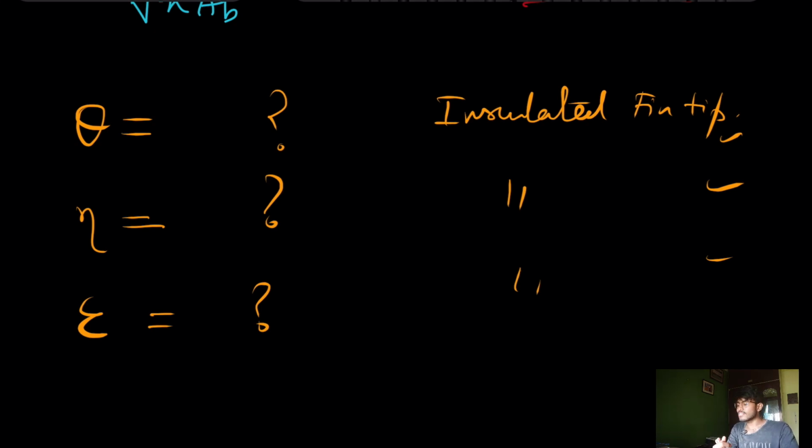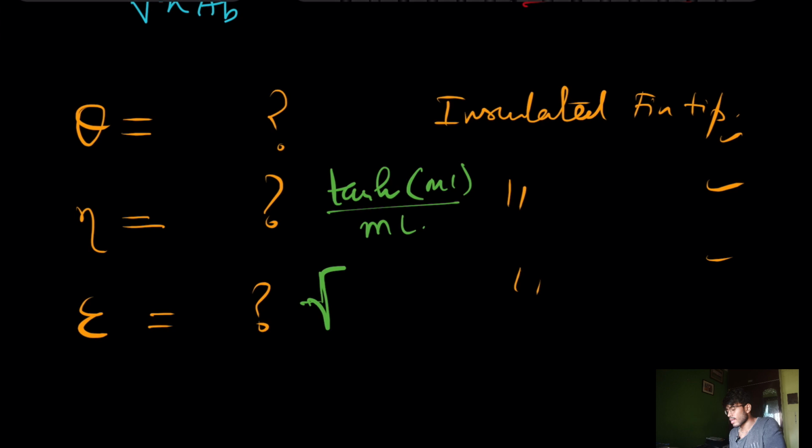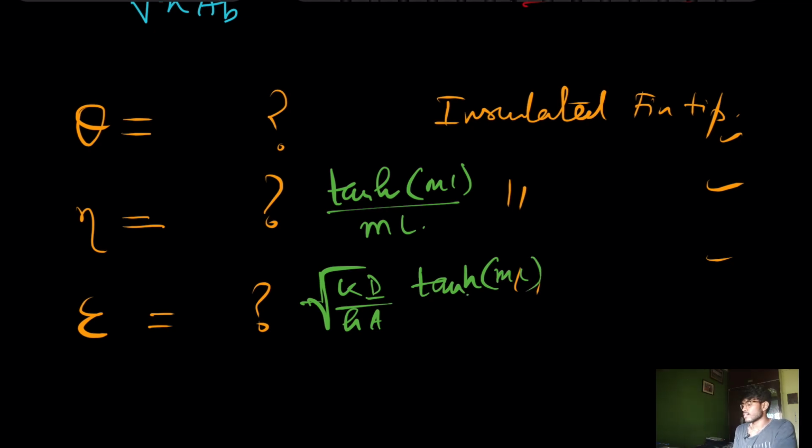So for this insulated fin tip case, the cosh mL term comes, and this eta is, as far as I remember, tanh mL by mL, and this is 1 over sqrt(kP/hA) times tanh mL, as far as I remember.